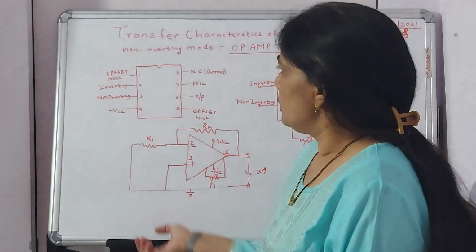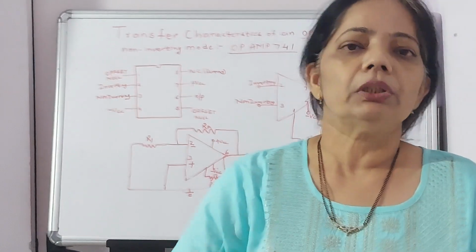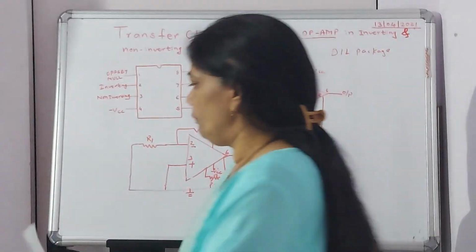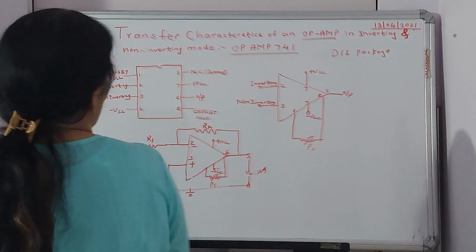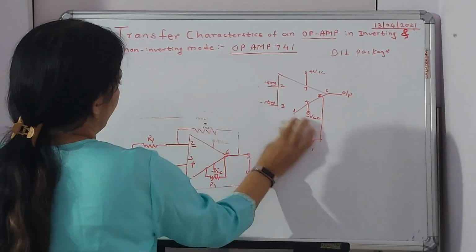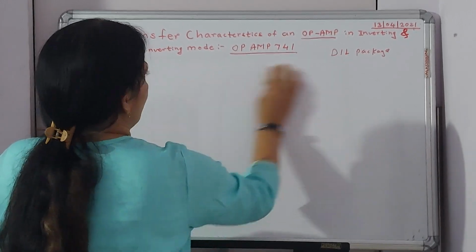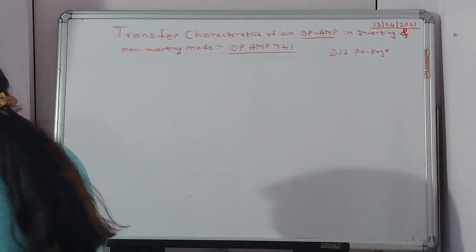Afterwards, we'll move towards the non-inverting mode first, and then we'll go to the inverting mode. Now for the non-inverting mode, we'll have to again rub this part and start off with the diagram. So for the non-inverting mode, I do first.